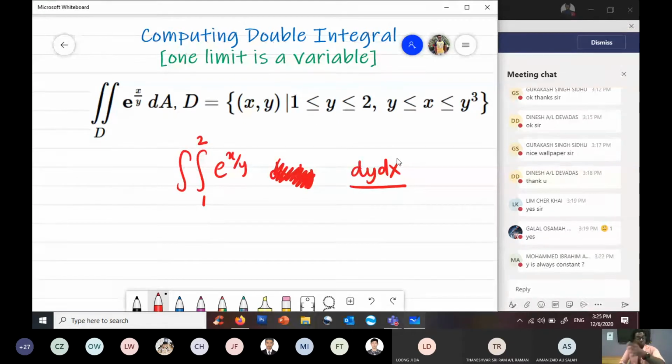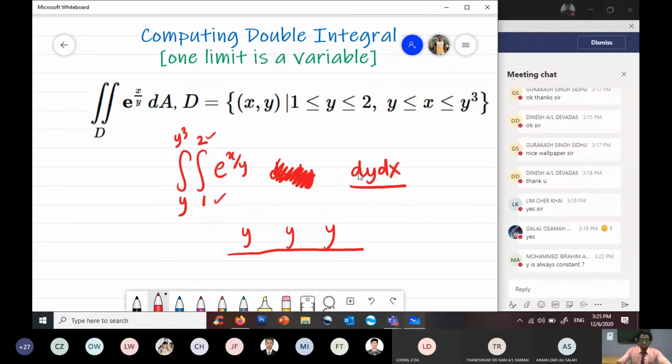If you choose dx afterwards, your x limits are y until y cubed. So you can imagine in your mind, when you first integrate, you put in the y values 2 and 1. And then finally, when you integrate, you put the x values y cubed and y. So your final answer here will contain some y here and there. It's not a number. You are not getting a value. So this is problematic. We want a number to be the final answer, not some kind of variable.